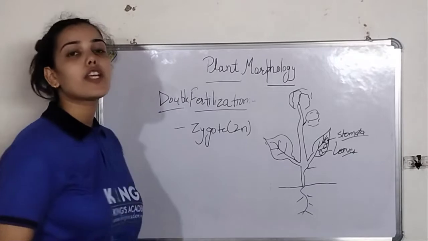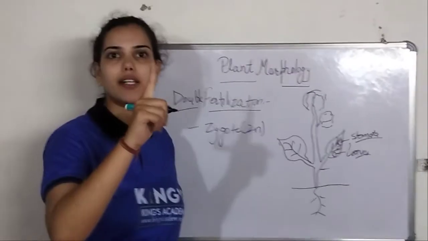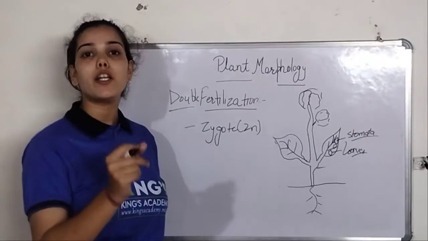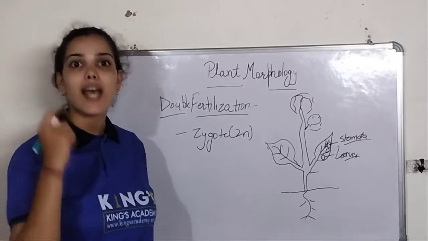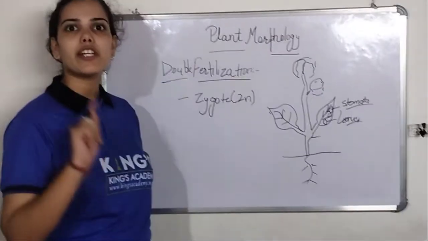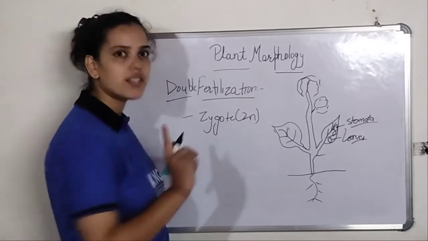Double fertilization means when one pollen grain fuses with the egg cell, it produces a zygote, right?